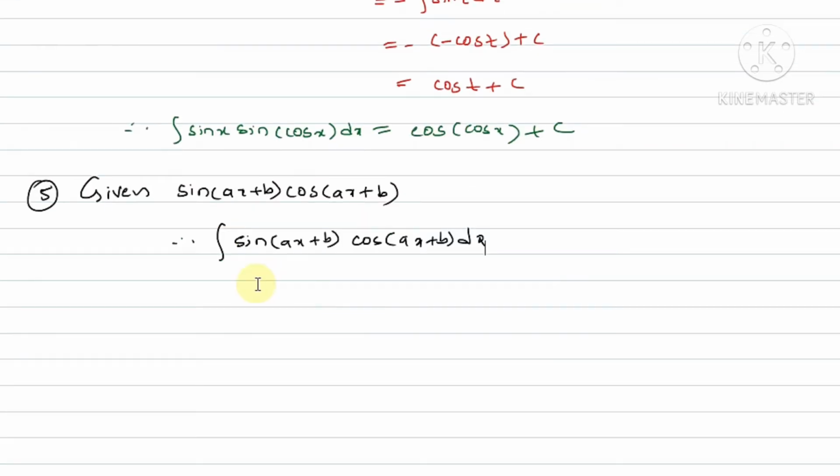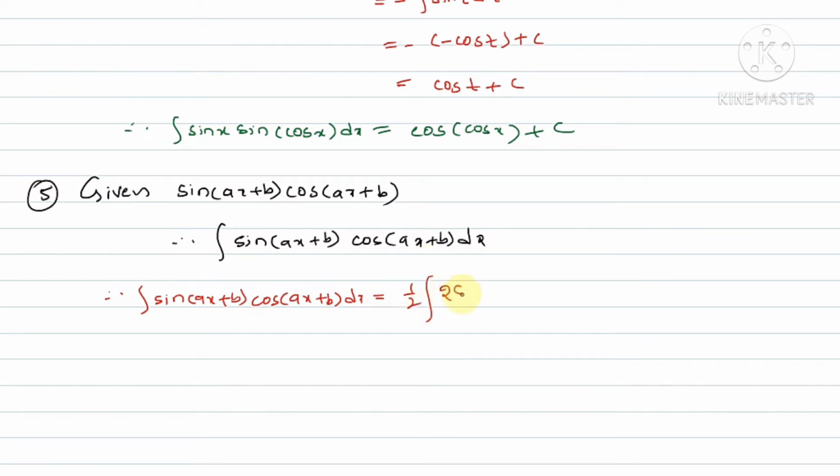Therefore, integration of sin of (ax plus b) into cos of (ax plus b) dx. Without loss, I am multiplying and dividing by 2.